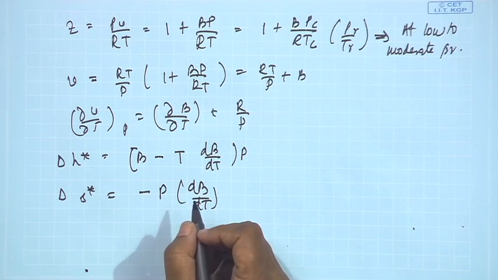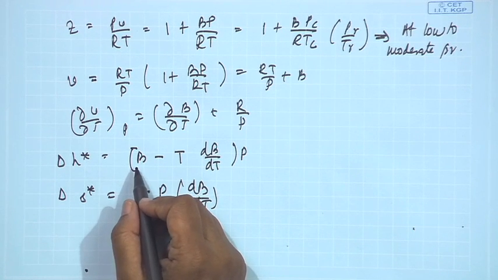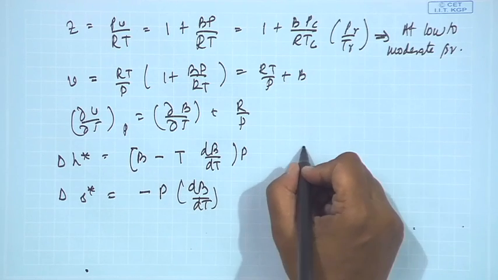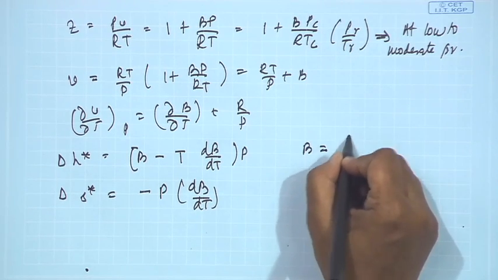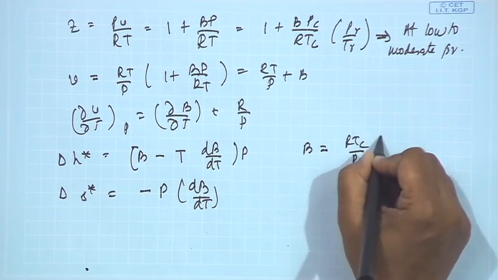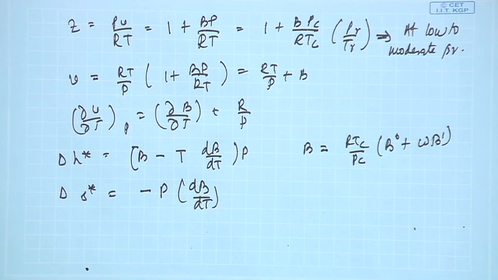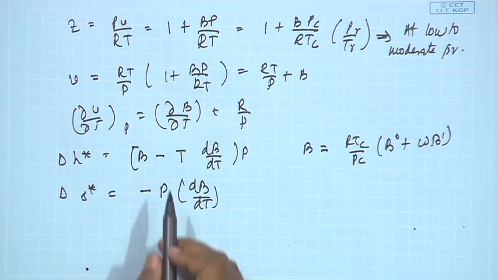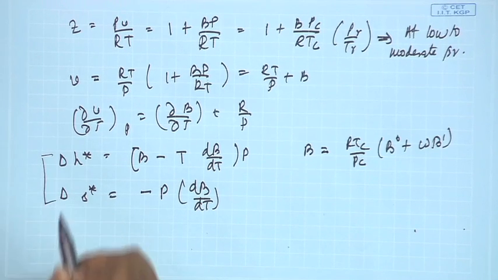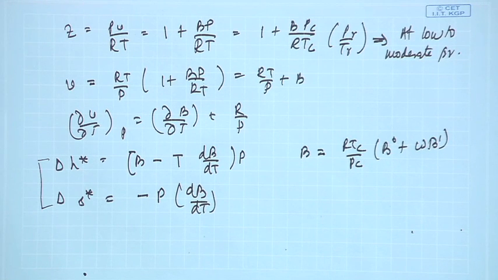So therefore, here also you can express B in terms of B0 and omega B1. You can also express B in terms of RTC by PC, B0 plus omega B1, and you can use the 2 and the 3 parameter law. For this class, it is just sufficient to know that delta H star and delta S star can be defined in this particular way.